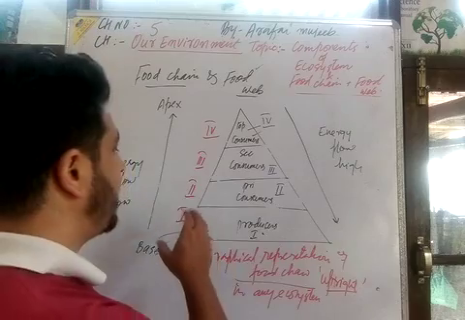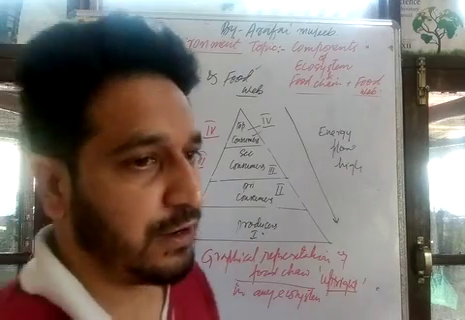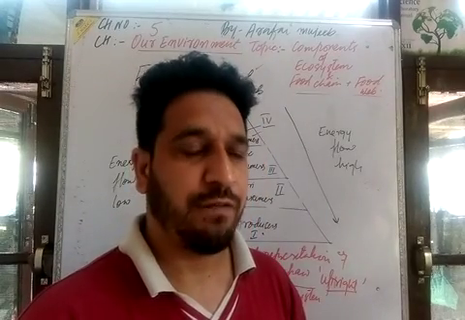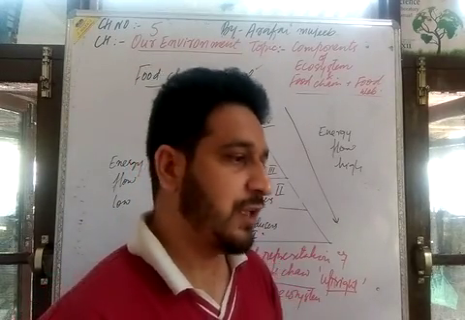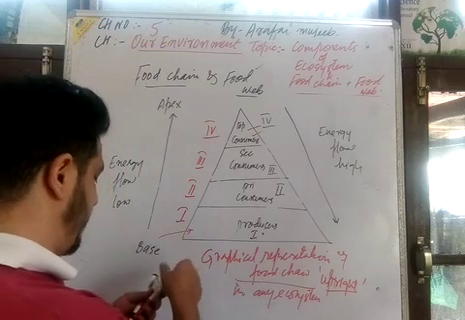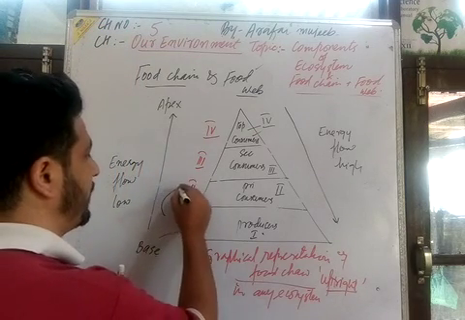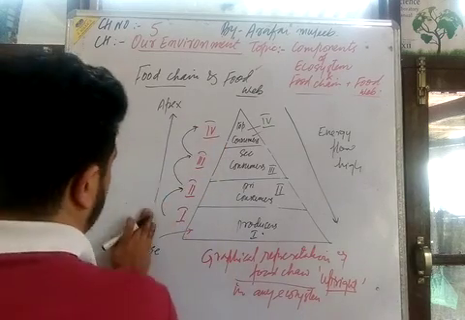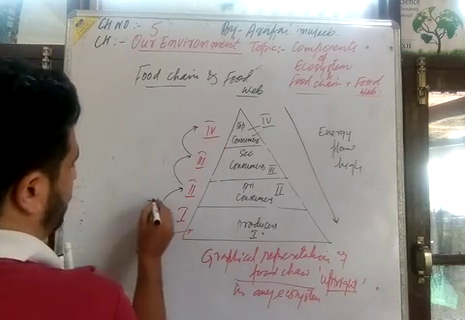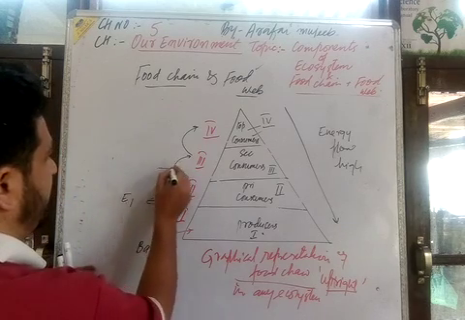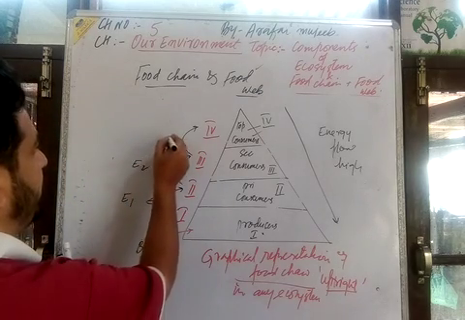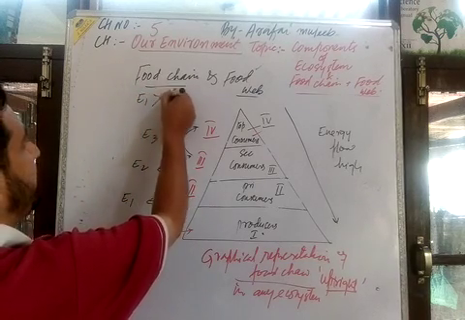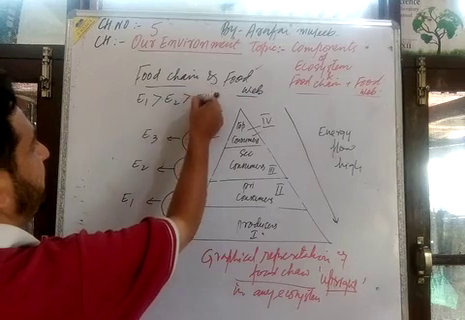At each trophic level there is a loss of energy in the form of heat to the surroundings when energy is transferred from one trophic level to another. Here the energy lost is E1, here E2, here E3, where E1 is greater than E2, and E2 is greater than E3.